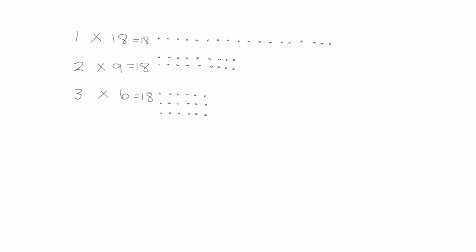So if we list the 6 factors we have here in numerical order: 1, then 2, then 3, the next largest one is 6, then 9, then 18. We can say that all of these numbers are factors of 18.